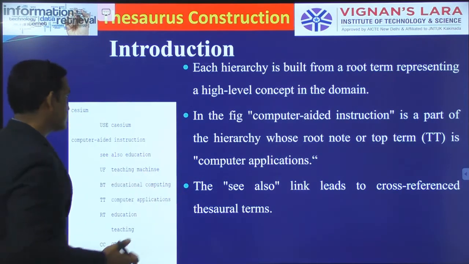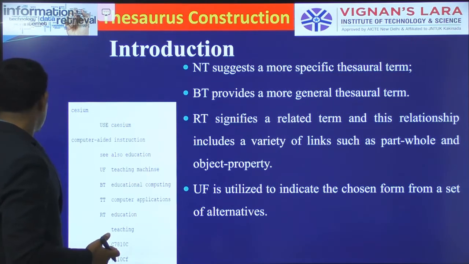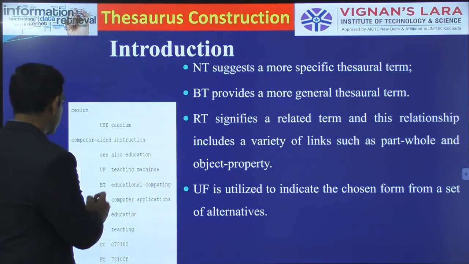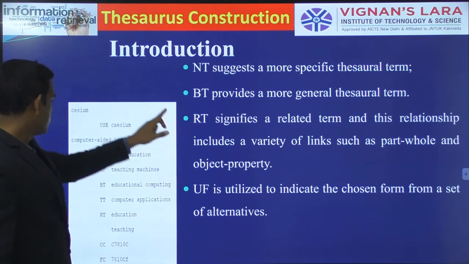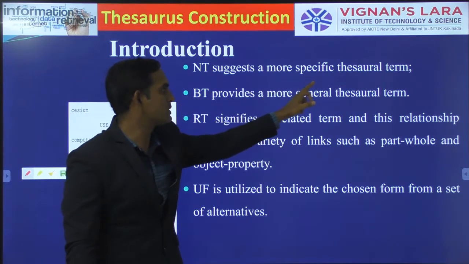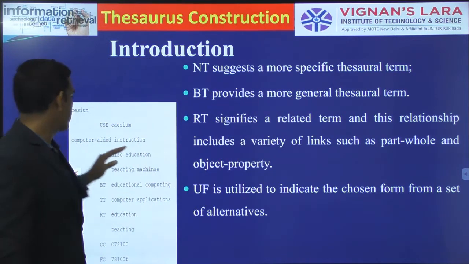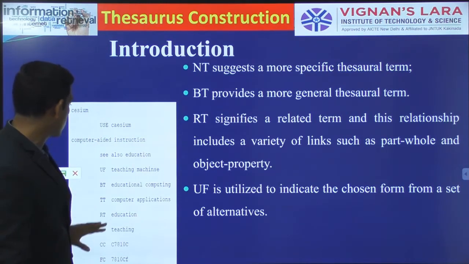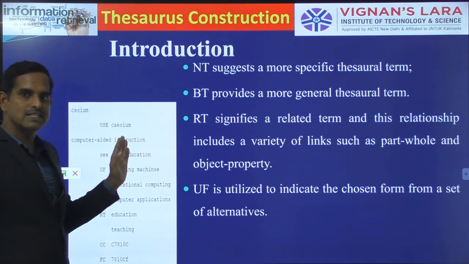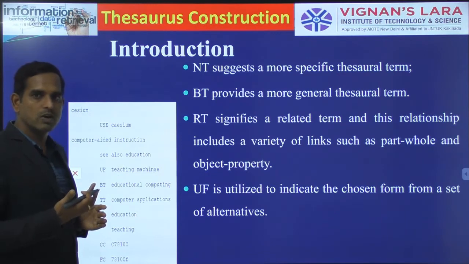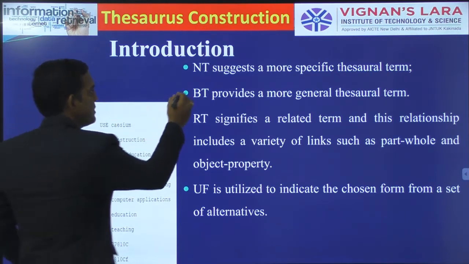In a similar sense, we have NT, which suggests a more specific thesaurical term. There is no NT in this word because computer aided education is already the specific term.